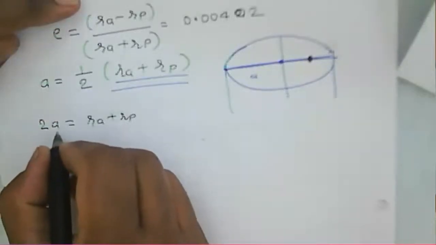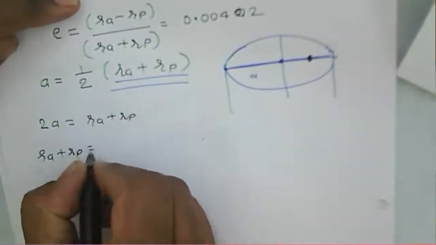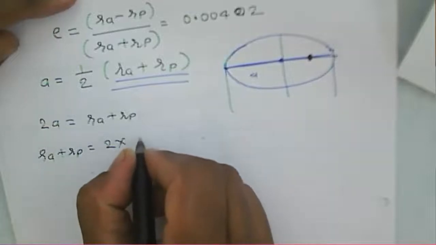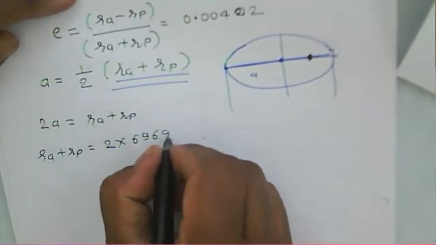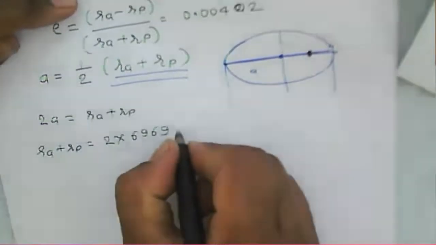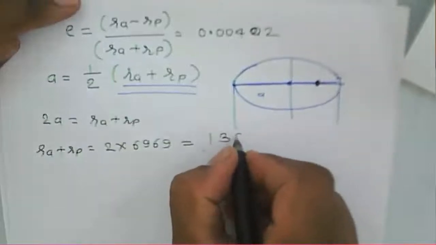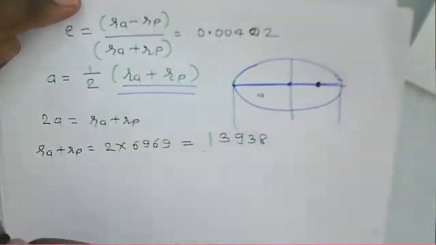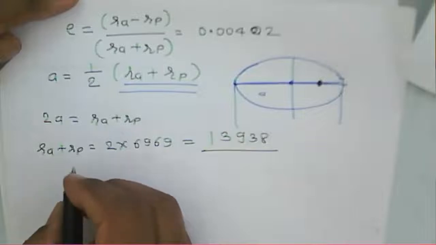Because this A factor is given, we can calculate that RA plus RP is equal to 2 into A, which is 6969 kilometers. So we get RA plus RP equal to 13938 kilometers.